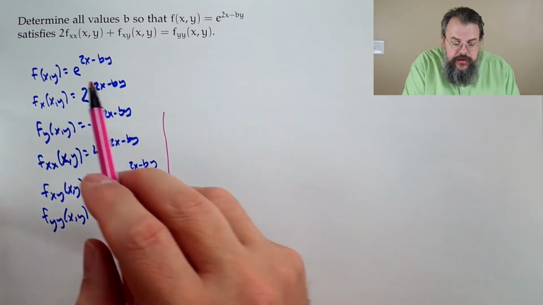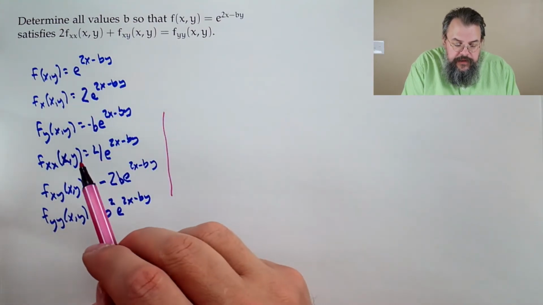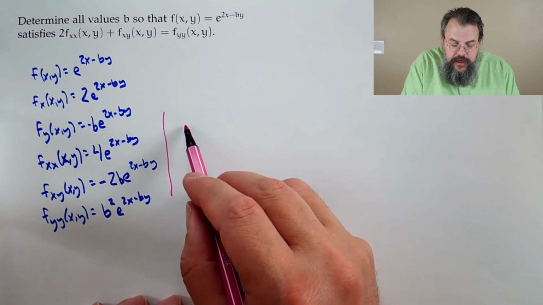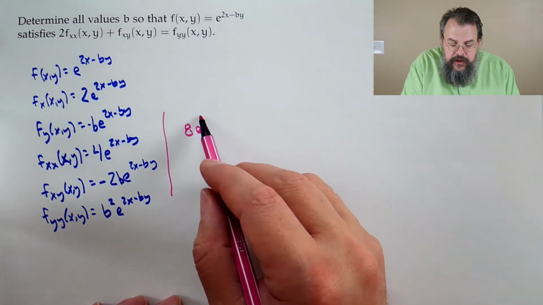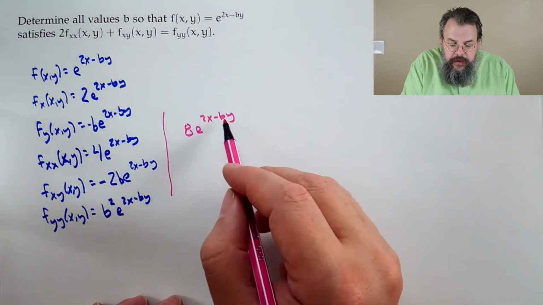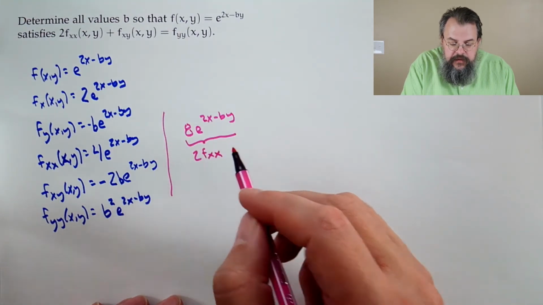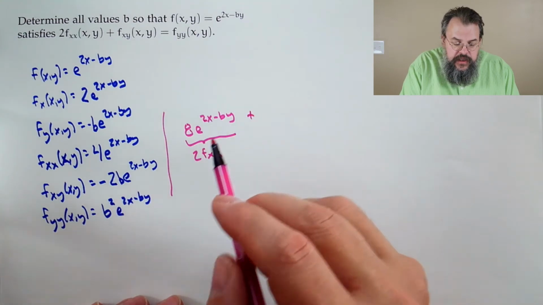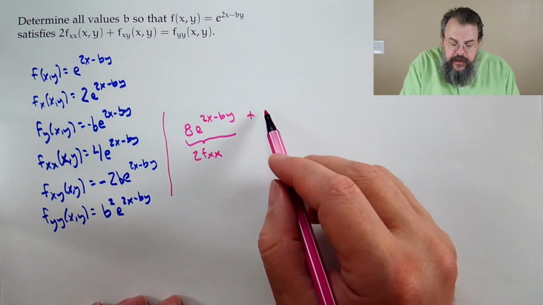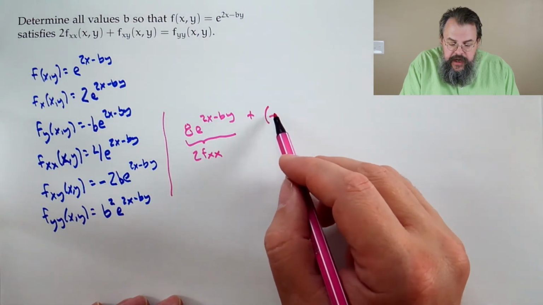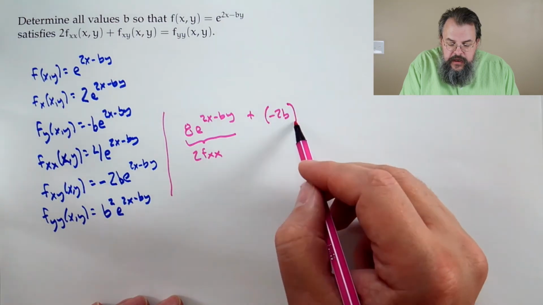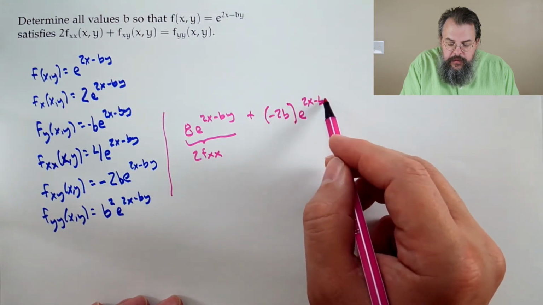We have 2 times fxx, so that would be 8e^(2x−by). So this is our 2fxx plus fxy, which would be a minus 2b e^(2x−by).